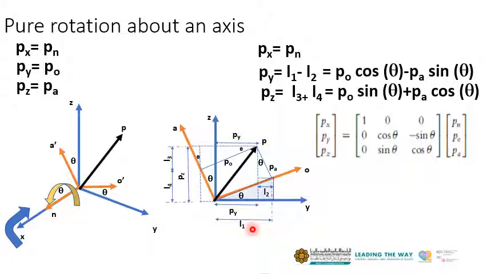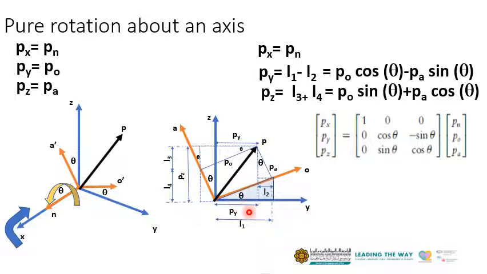And let's say we talk about this triangle, then we can say that PY is basically L1 minus L2. So from this triangle, we can say that L1 is basically PO cos theta, because this is theta and this is PO.